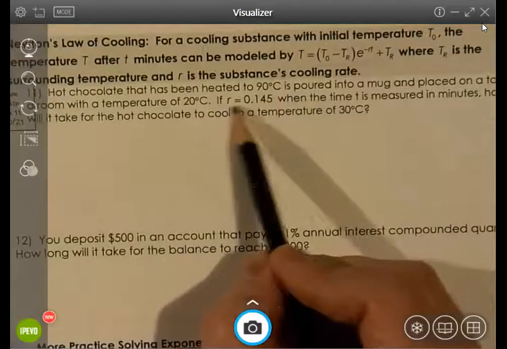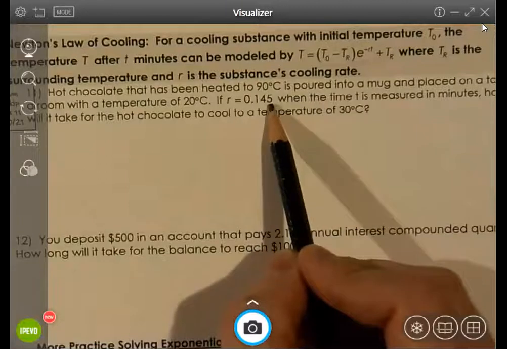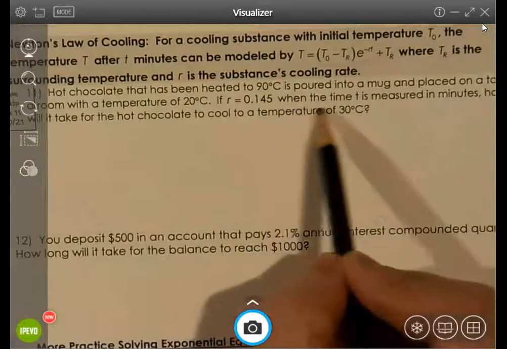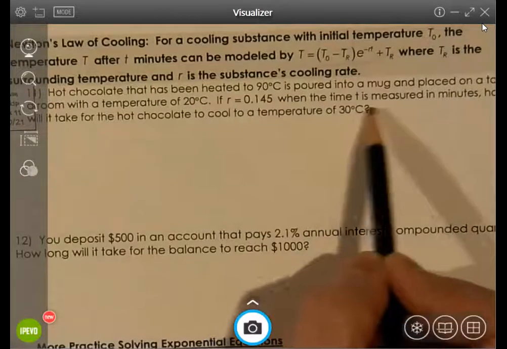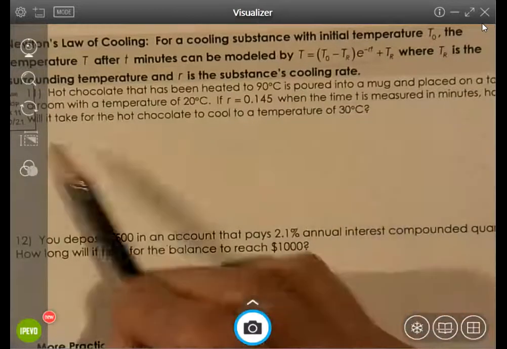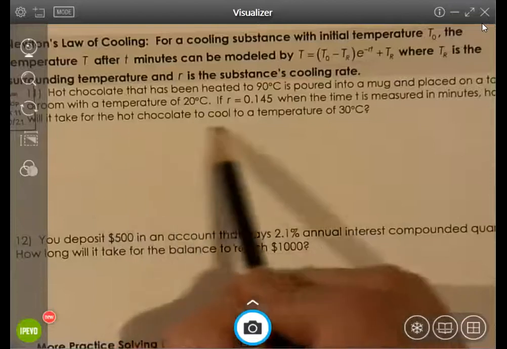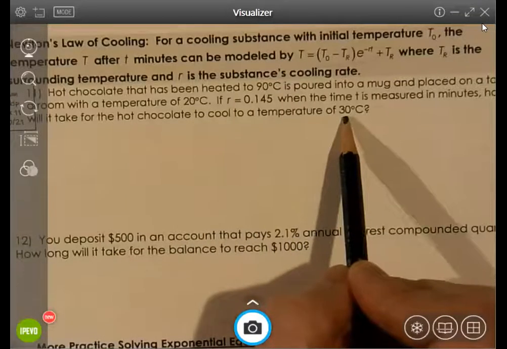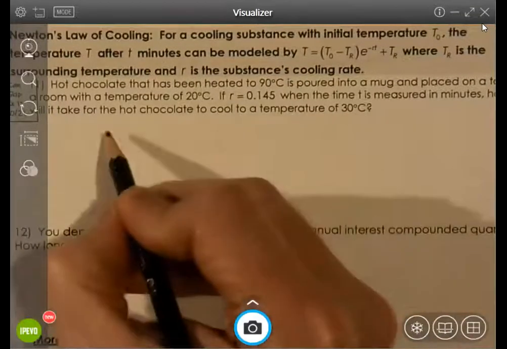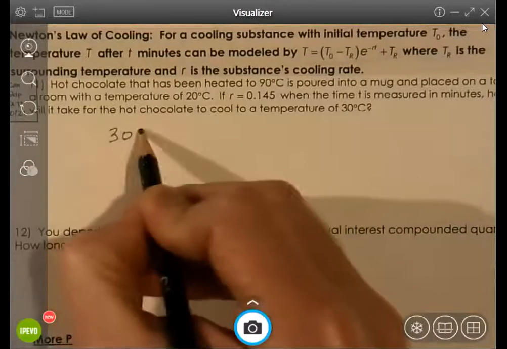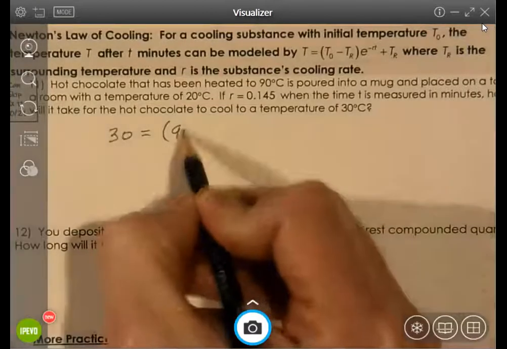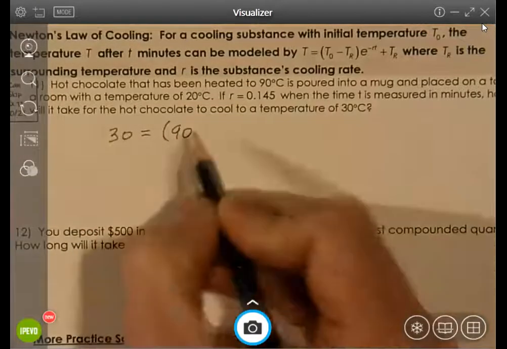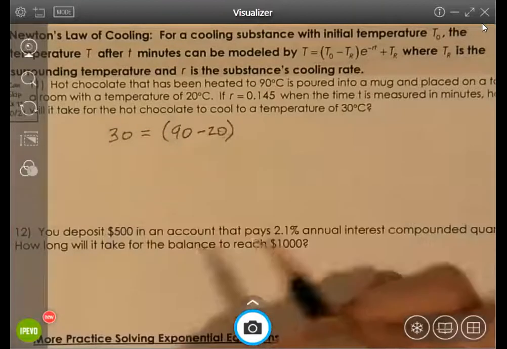If the r factor is 0.145, when the time t is measured in minutes, how long will it take for the hot chocolate to cool to a temperature of 30? So we want it to be 30 degrees. The original temperature is 90. The room temperature is 20.